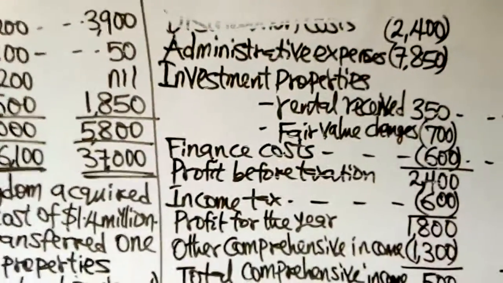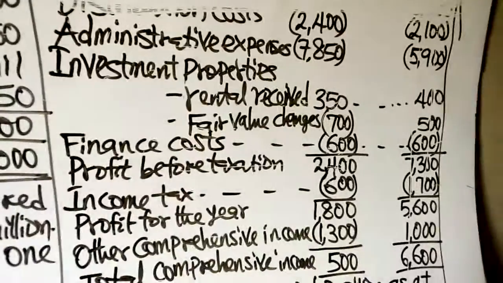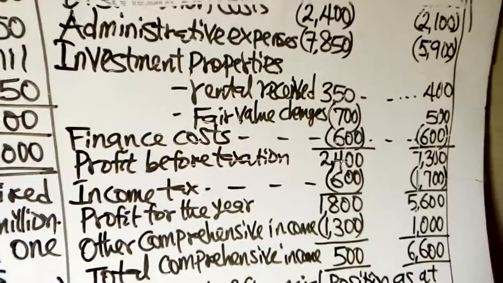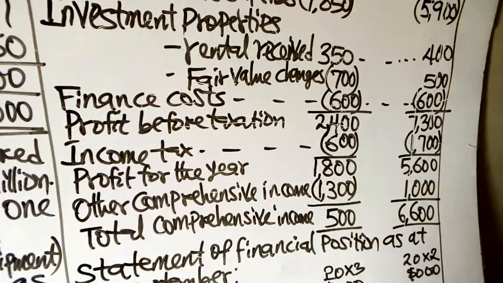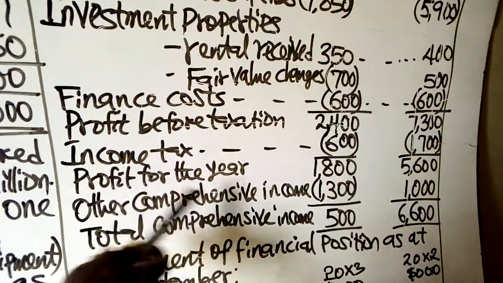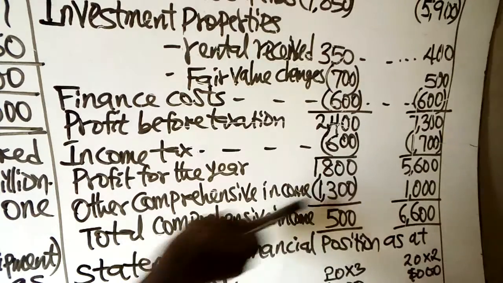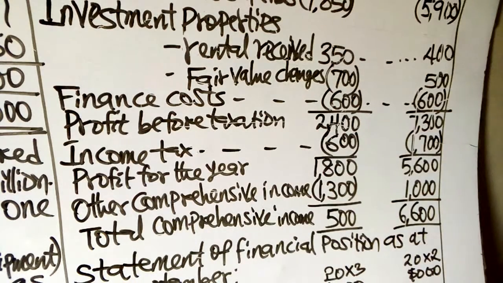Revaluation deficit will make your PPE reduce. If you check your other comprehensive income, you have 1.3 million there. That 1.3 million is the revaluation deficit on PPE.